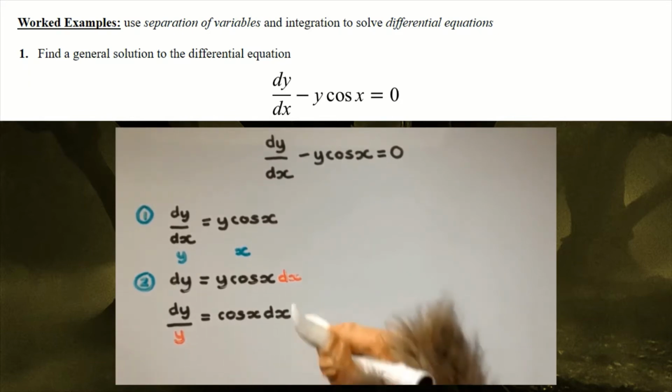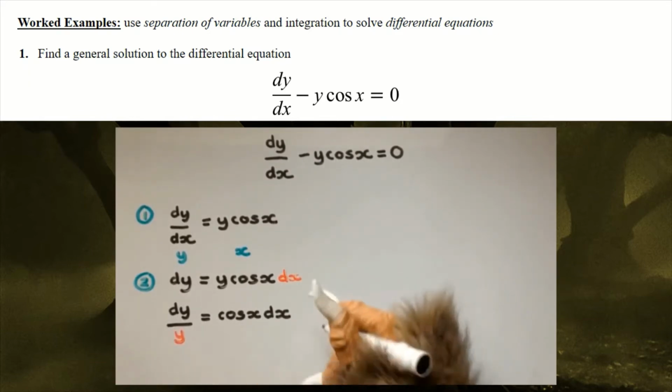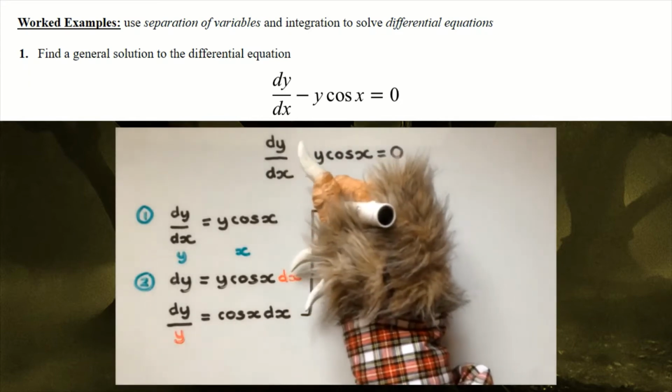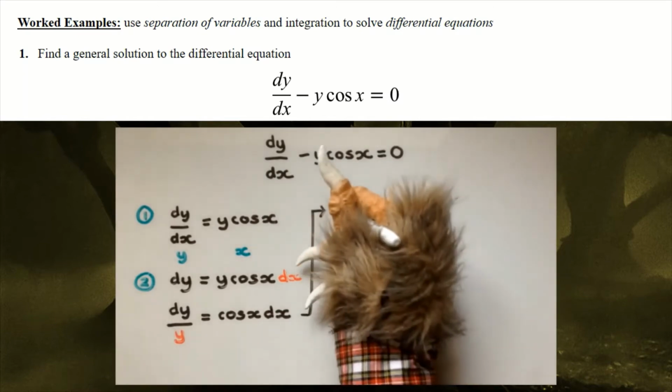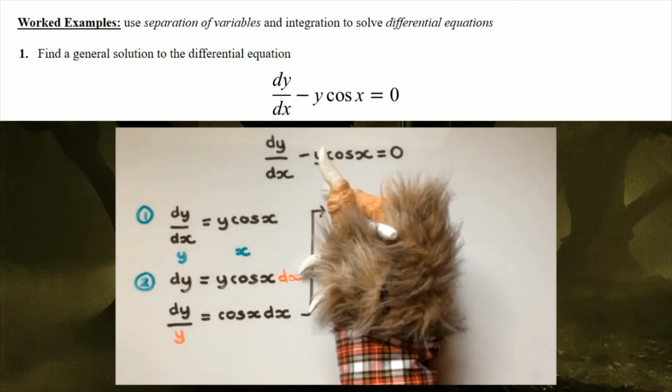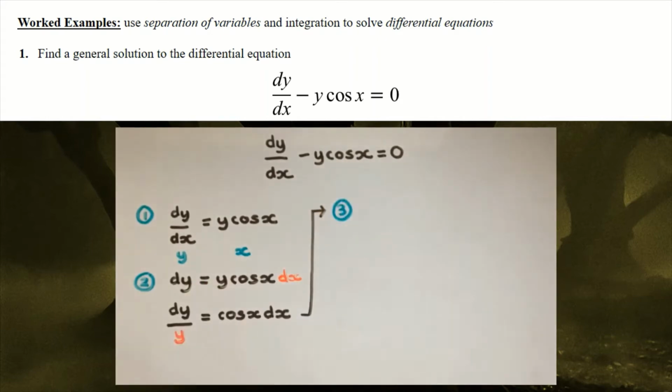So this is going to be step 3, the integration part. So this will get us our general solution. And notice here we have dy over y. If that puts you off what we're going to do next, it may do. I'm going to just rewrite this, and you'll see why. I'd like to have something multiplying the dy.